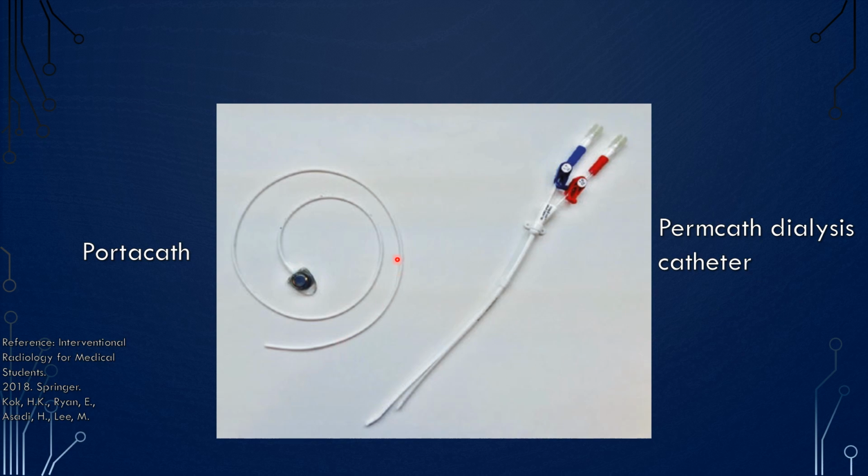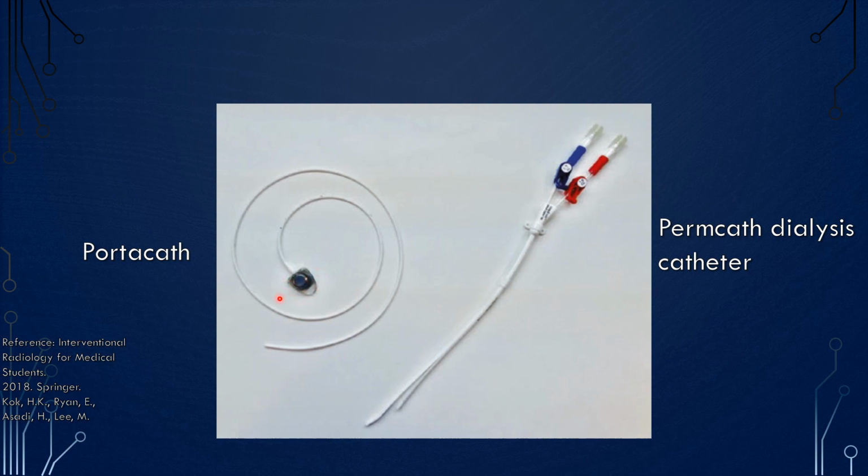These are different vascular access devices. This is a portacath, in which a small port device, a 2 by 2 or 2 by 3 centimeter device, is implanted into the subcutaneous tissue that can be accessed using needles, and it remains there while the catheter part goes all the way into the central circulation.